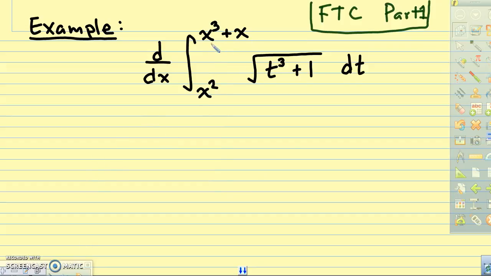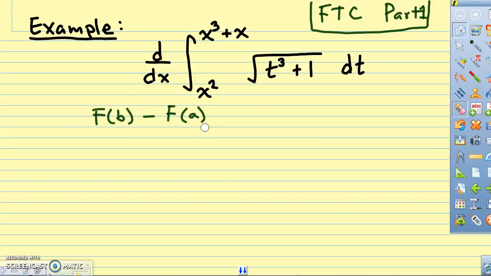So what I'm going to do is apply that idea of f of b minus f of a here. But I'm also going to think of the chain rule. So not only am I going to apply this, I'm also going to think of some ideas of the chain rule.